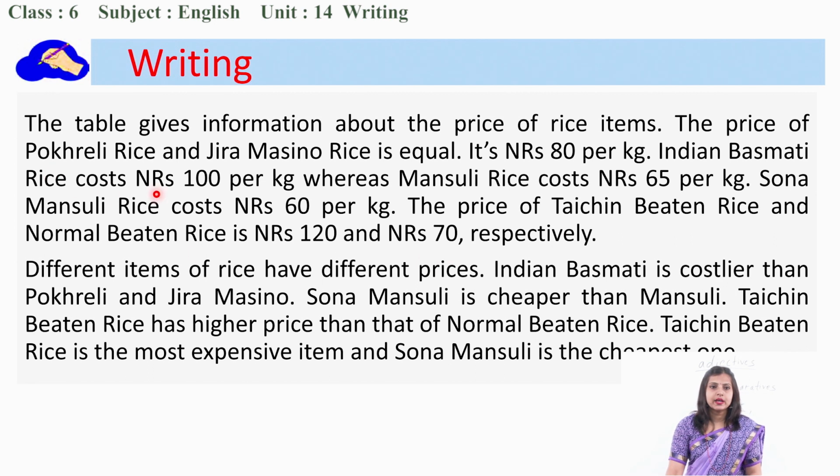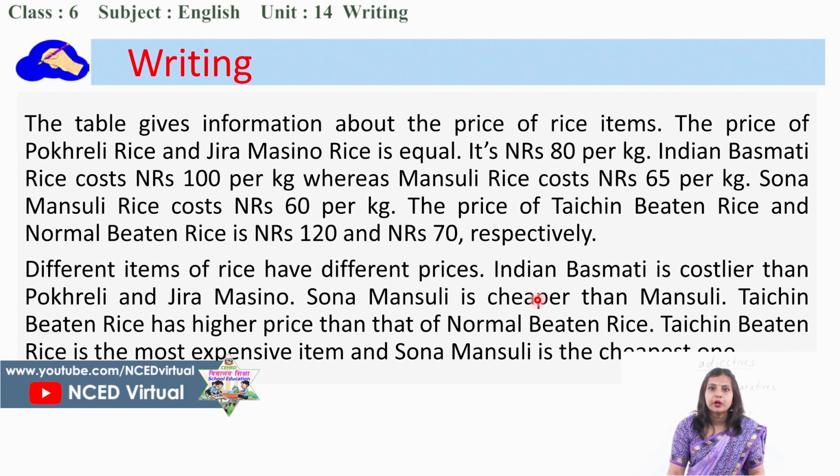Indian Basmati rice costs NRS 100 per kg, whereas Mansuli rice costs NRS 65 per kg. What is being done here? Tell me. Yes, exactly what's given in the table that has been mentioned here. Is there any comparison? No, there is no comparison. You see, only what is mentioned there, the price, that is being described here in sentence.